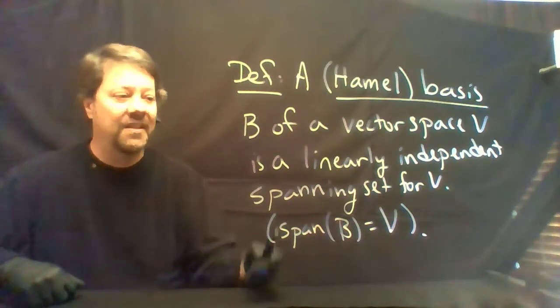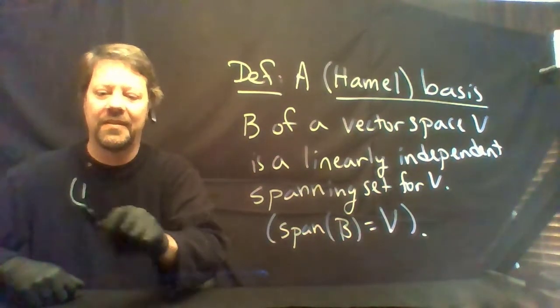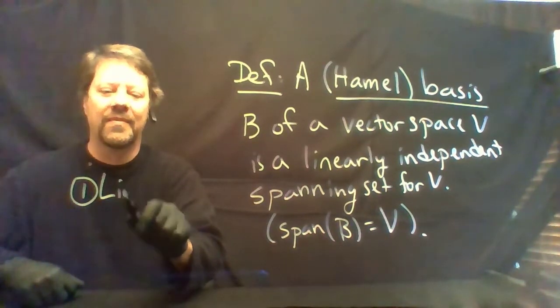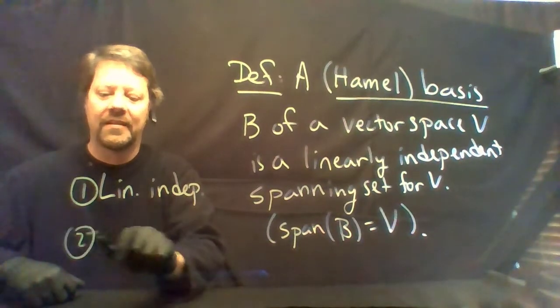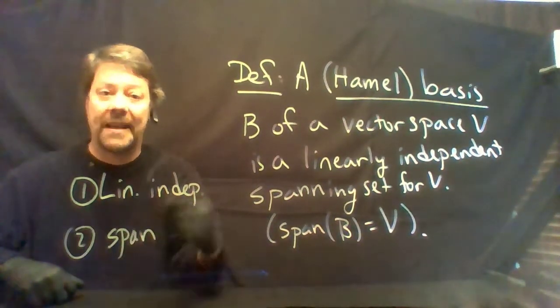As you can see, there are two conditions to be a basis. The set must be linearly independent, and it must span the space.